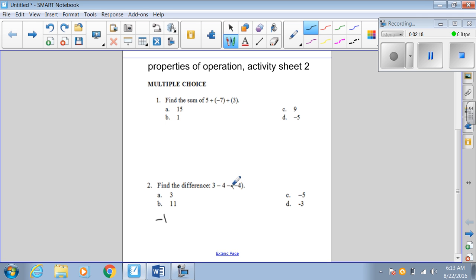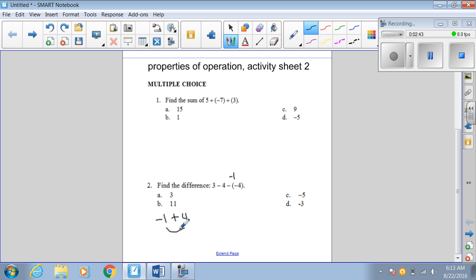And we have to remember, if we see a negative sign in front of a number in parentheses, it's like saying negative 1 in reality in front of it, okay? And negative 1 times negative 4, well, that's going to give us a positive 4, isn't it? So now our bigger number is 4. Remember we can rearrange this.